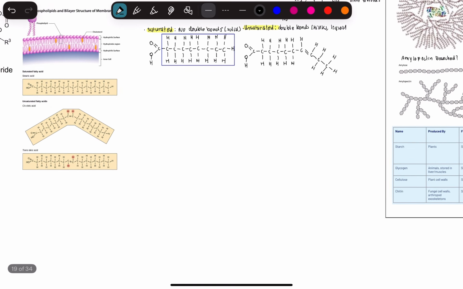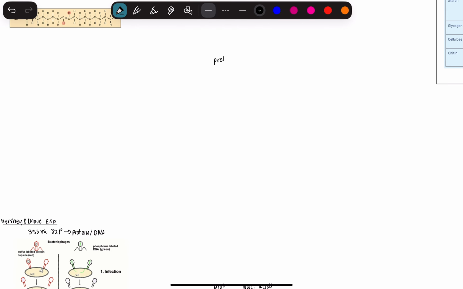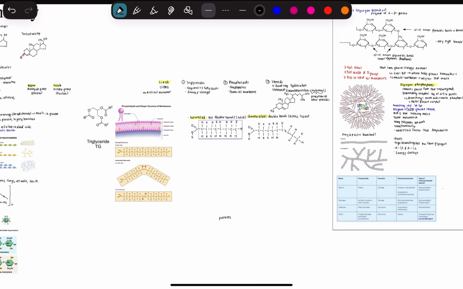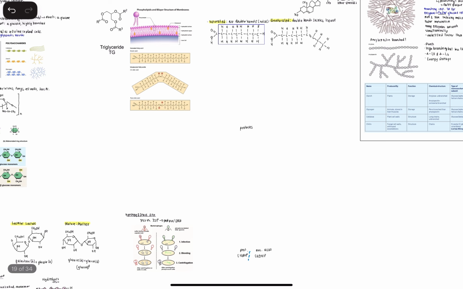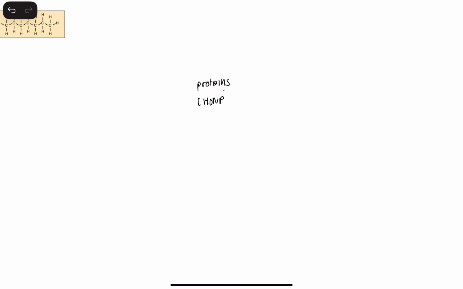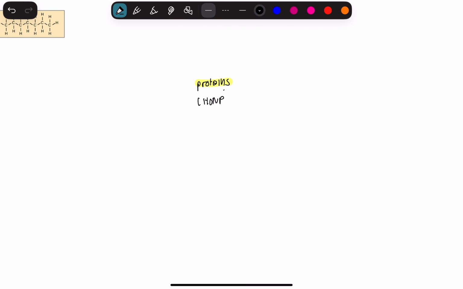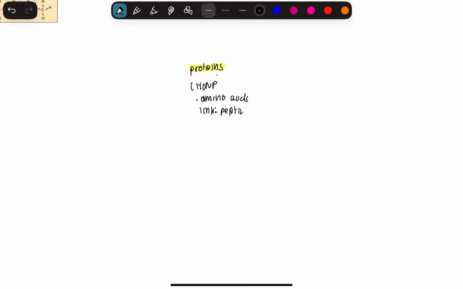Now, let's discuss proteins. Proteins are made up of amino acids. Proteins are made up of the elements CHOMP: carbon, hydrogen, oxygen, nitrogen, phosphorus. They're made up of amino acids, and they are linked by peptide bonds.